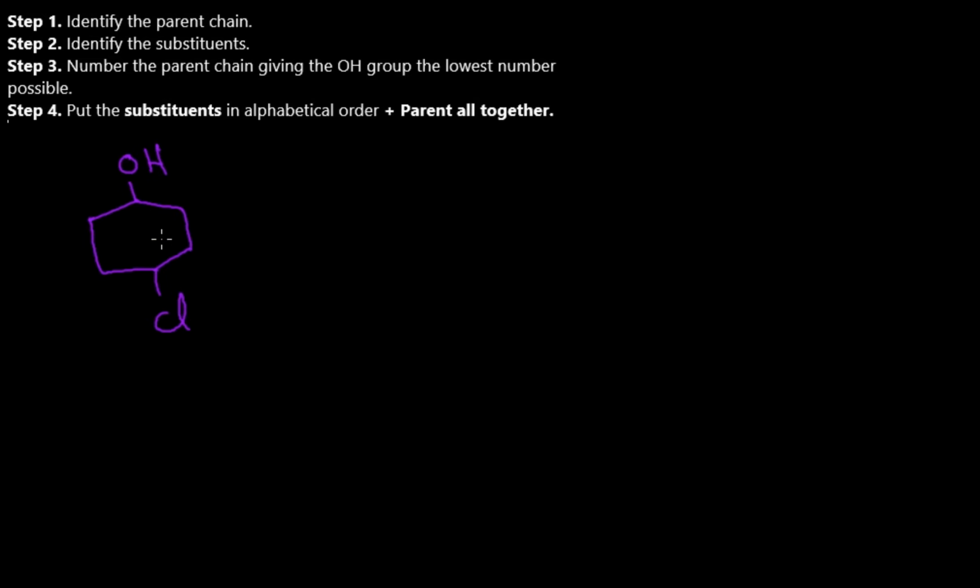What about this compound? I can start numbering from the chlorine atom, or I can start numbering from the functional group here. So as I said, the OH group or hydroxyl group takes the higher priority than the halogens. So I will start numbering from here. So this is 1, carbon number 2, 3, and 4.